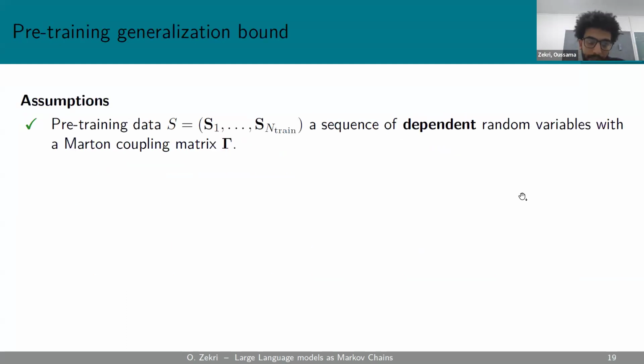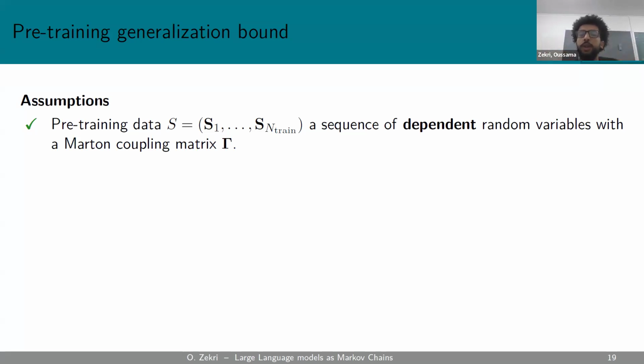To derive a result on this, we made a really light assumption, one that is not made in the literature. In the literature, they assume we have random variables, and those random variables are independent. In our case, we said no, we will not make this assumption.